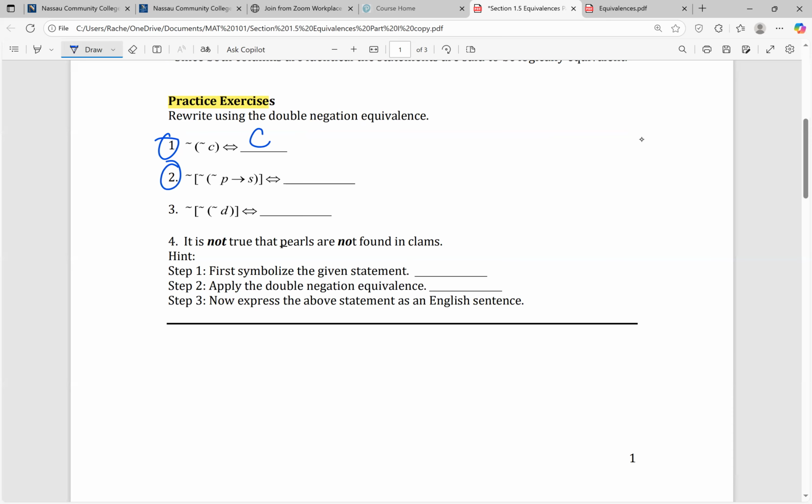Look at what we're negating. We're negating the statement not P implies S, and then we're negating that statement again. So that double negation is just going to make this equivalent to not P implies S. Whatever's in this set of parentheses, because we have a double negation.